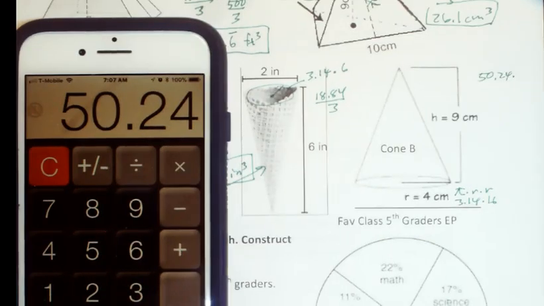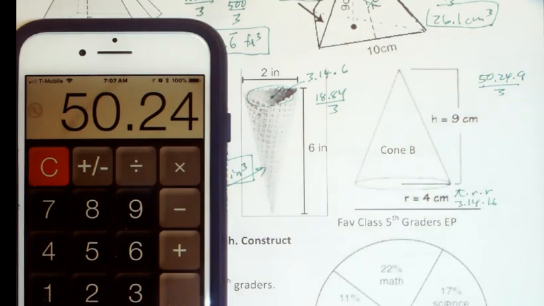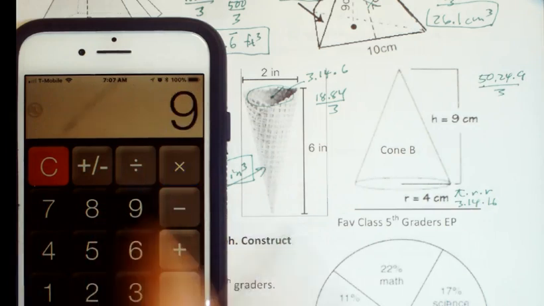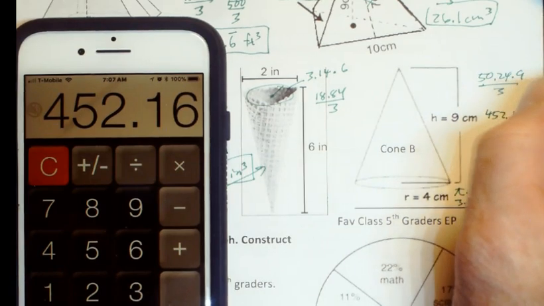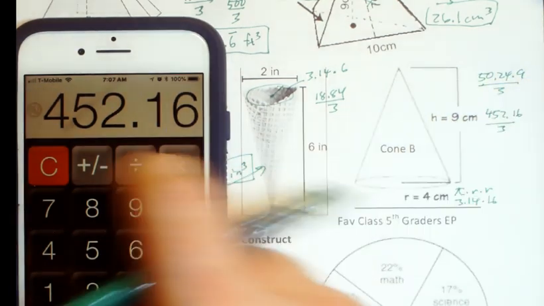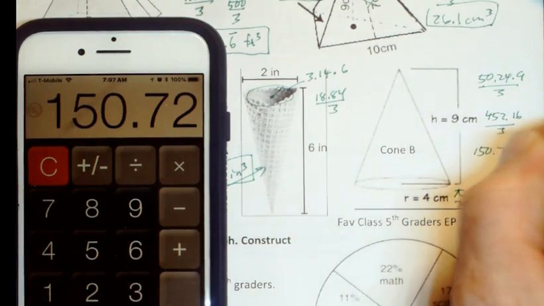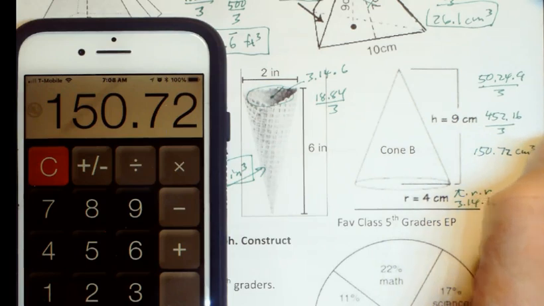The height of this guy is 9. And we take that whole thing divided by 3. We'll take that times 9. So I've got 452.16. We have to divide that by 3. It's 150.72 centimeters cubed.